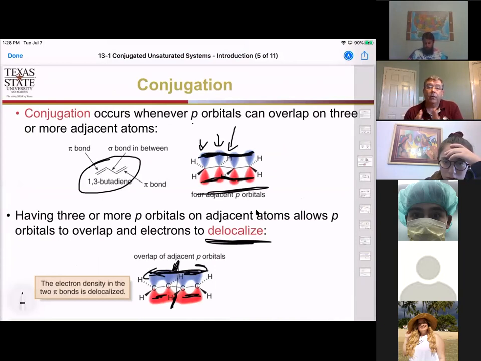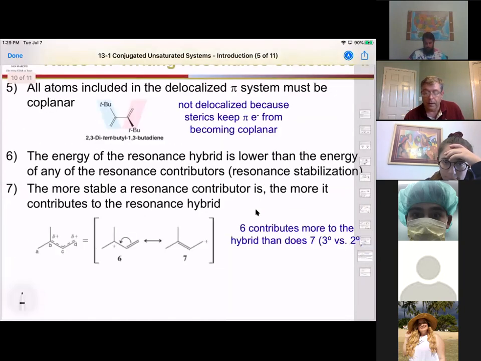So that means that this pi bond has to be in the same orientation as this, and we call that planar because it allows for us to have those systems together. So this double bond has to be in the same plane as that double bond to be able to share across them. If they're twisted so that one P is oriented 90 degrees from the other P, then there's no overlap and there's no resonance.